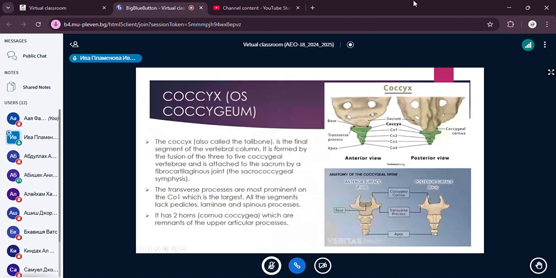About the coccyx, it's a small bone, rudimentary. We have from Co1 to Co4, again base, apex, and transverse process, which we can see only on the first coccygeal vertebra. Of course, anterior and posterior surface, and the horns.